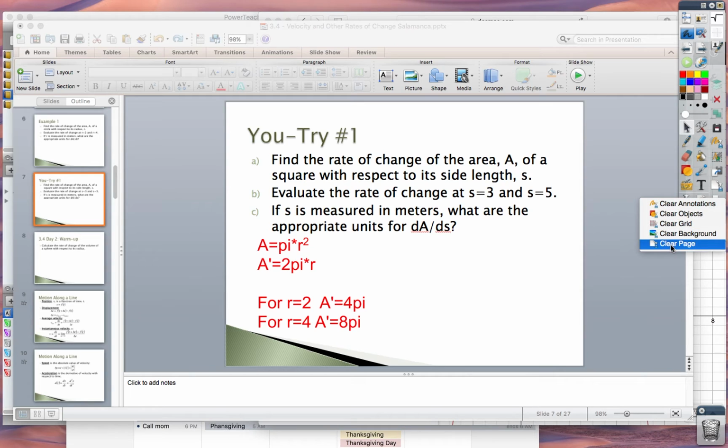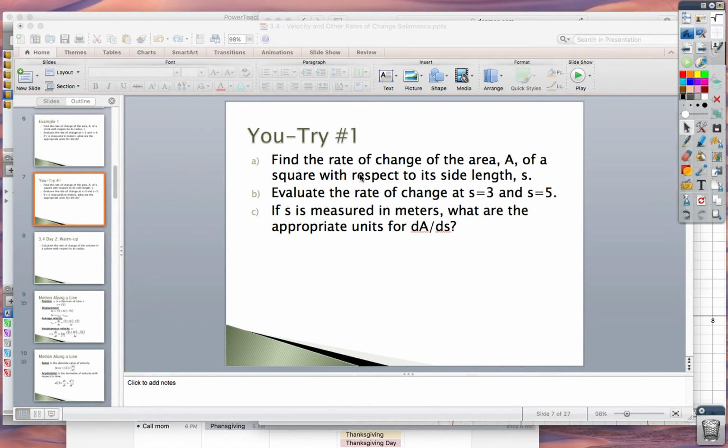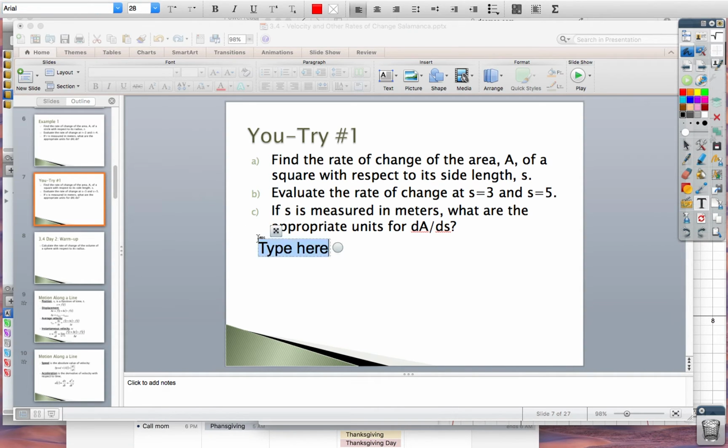So let's have you try this try problem. We're going to find the rate of change for the area of a square with respect to its side length s. Again, same idea here. Your area is equal to s squared because they said use s and A. It says find the rate of change. So we're going to find A prime, which is equal to 2s, and we're going to evaluate.